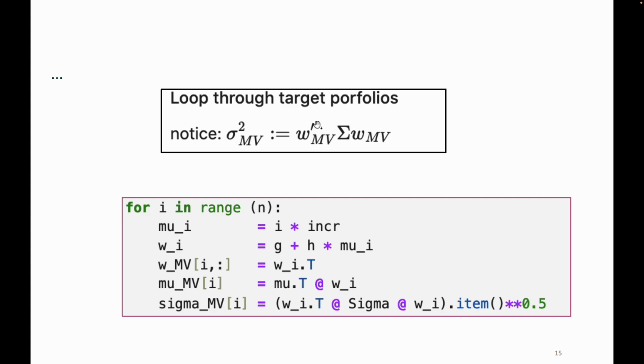You also see here I used the transpose sign instead of the capital T. It's difficult to be 100% consistent throughout because I like the transpose sign more than the capital T. But sometimes I use capital T, or you will see in the Python code, .T is the transpose sign. So there we need to be a bit flexible. So we have W transpose times sigma times W. Good. And here's now what we do. We are now iterating through all target returns.